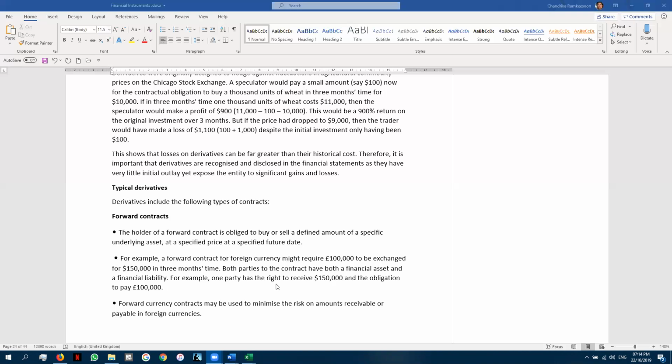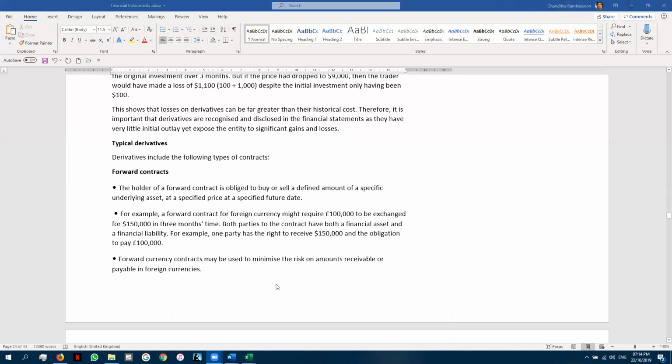Forward currency contracts may be used to minimize the risk on amounts receivable or payable in foreign currencies. As you may recall from your financial management paper F9, where you were shown how to use forwards, forward contracts can be used to hedge against adverse movements in exchange rate risk.